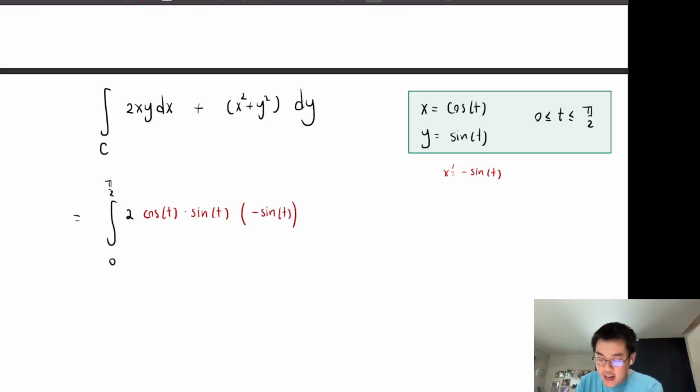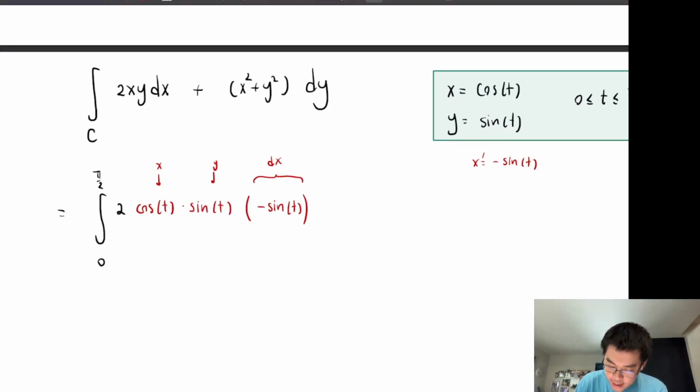All right, and notice that instead of writing minus sine t dt here, I'm going to save dt for now. I'm going to put dt at the end. So for now, what I want you to see is that this is the x, this is the y, and this whole thing is dx. Not quite, because dx is going to be that thing times dt, but as I say, we're going to save dt all the way to the end.